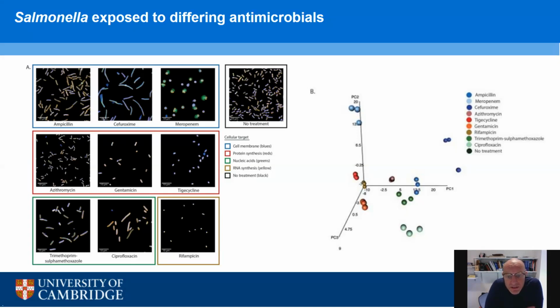And we can clearly see that we can generate different cellular morphologies by exposing these to different chemicals, which teaches us a little bit about how these organisms are interacting with these drugs and potentially how resistance may emerge by changing the morphology of the bacteria. And there's a principal components analysis on the right hand side there, looking at the different variables, pulling out how they behave and how they may group together.